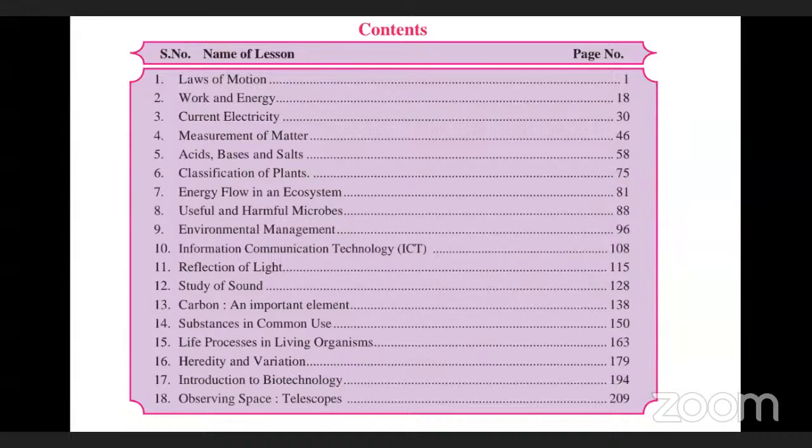Students, can you tell me the chapter number and page number? Which chapter were we discussing? Which chapter was going on?